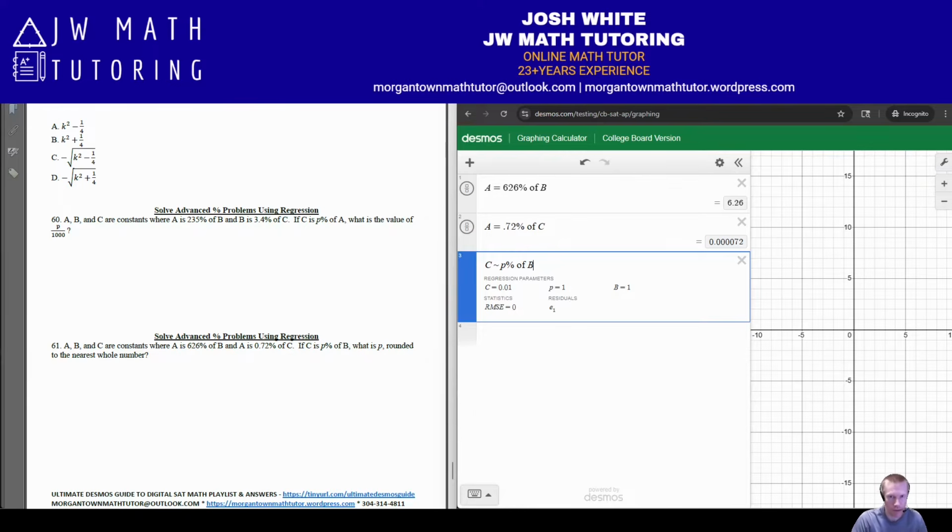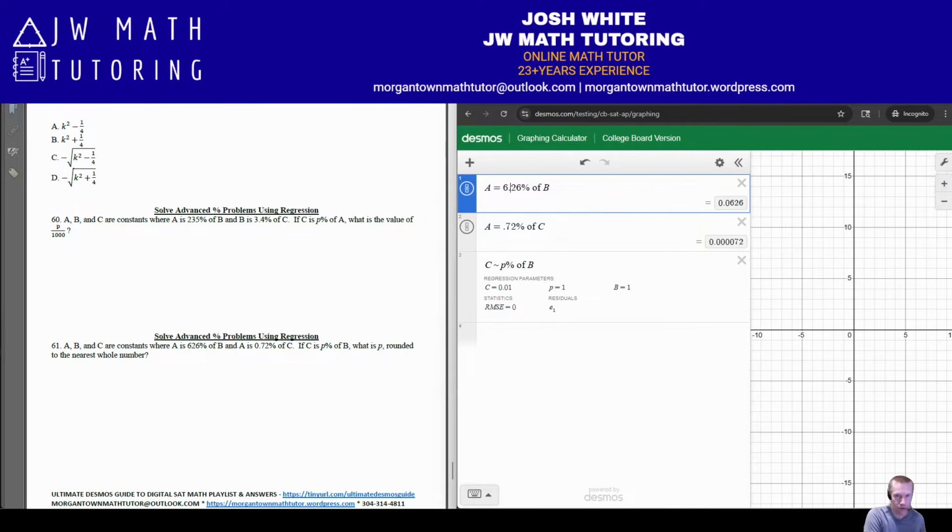Again, this is the issue I spoke about earlier: if both equations have the same letter equal to a bunch of stuff on the other side, it will not work. So you have to rearrange one of them. Unfortunately, that means you're going to have to take one of the percentages and convert it to a decimal.